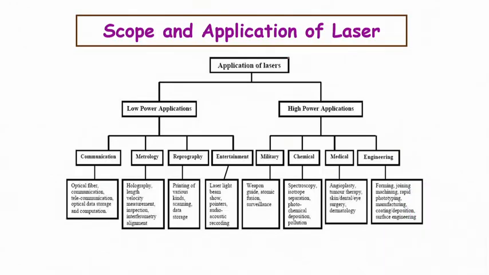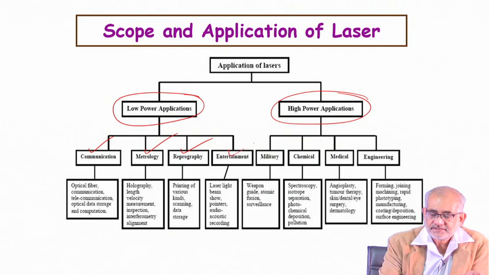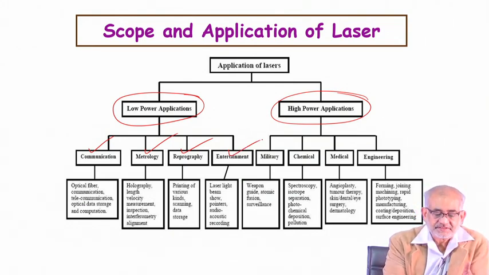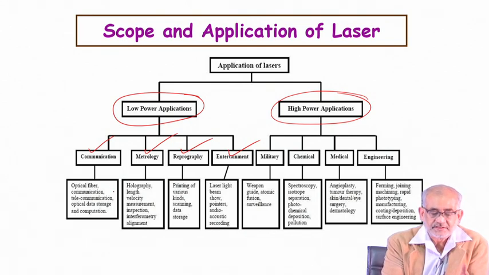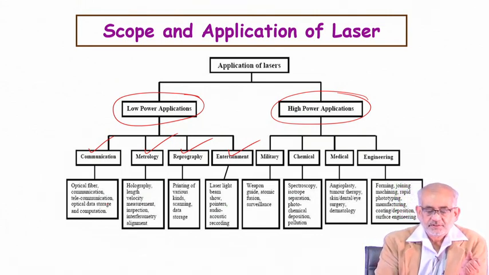Now, the laser actually has multiple possibilities of application. There are two major types of applications, typically in terms of power. In case of low power applications, we are talking about communications, metrology, measurements, reprography, entertainment, and various forms of them, such as optical fiber communication, telecommunication, optical storage, even computational activities.